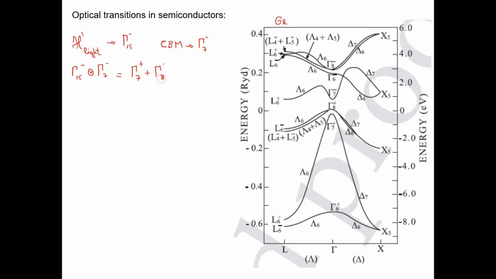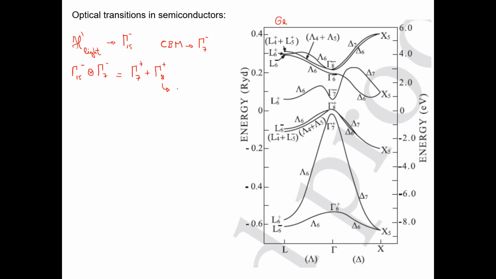Remember, this is a group in which I have inversion symmetry, so light will couple states with opposite parity. In this case, the top of the valence band, gamma 7 plus and gamma 8 plus, are both even under parity, and the bottom of the conduction band is odd under parity.